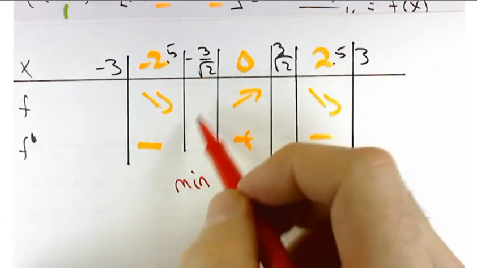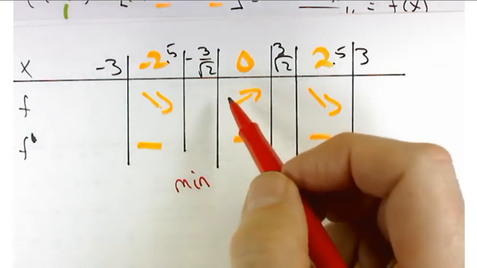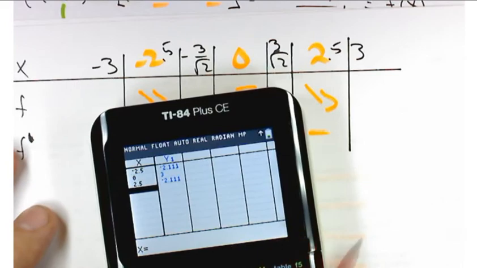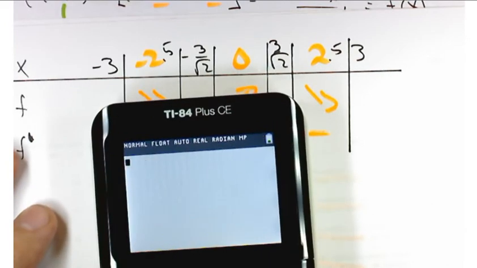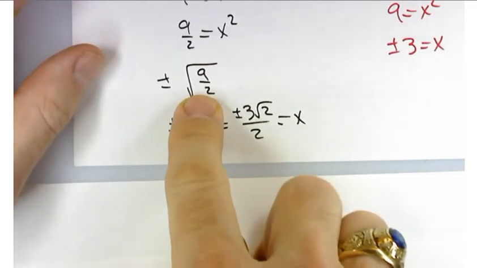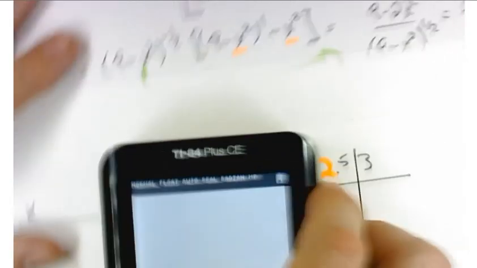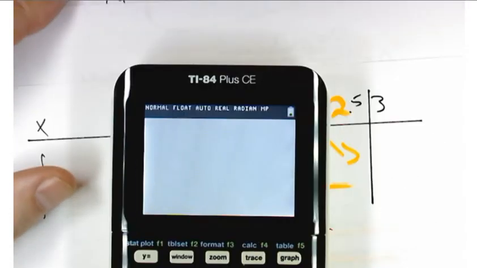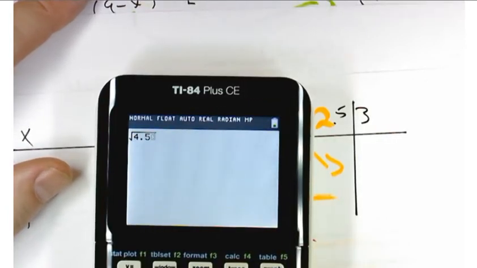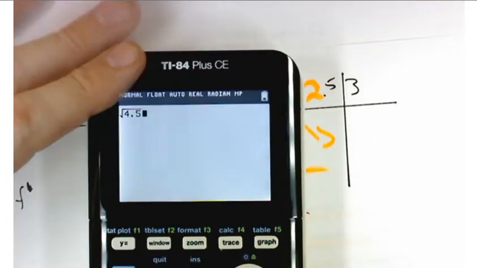All right, let's actually find out the coordinates for these points. That's not necessarily a whole lot of fun. Those points are really the square root of 4.5. So what you could do quite easily on your calculator is type in square root of 4.5, and then let's exit that.